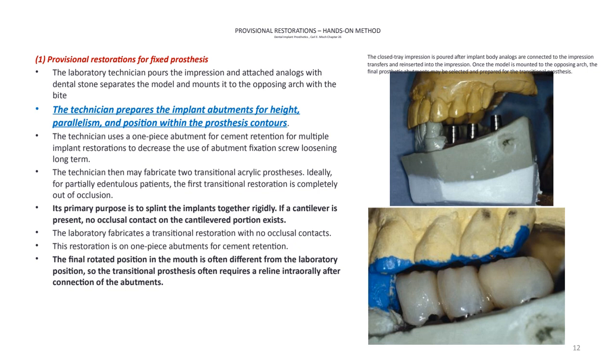So in those cases where we have this type of cantilever pontic, we don't want any occlusal contact, okay? Because again, the provisional material, acrylic, is not so strong a material. If the pontic is under strong occlusal contact, it may break, okay?